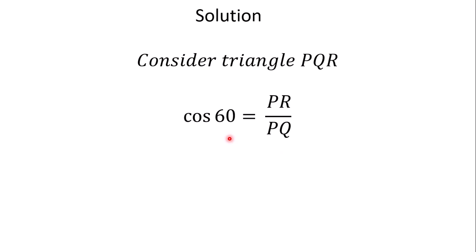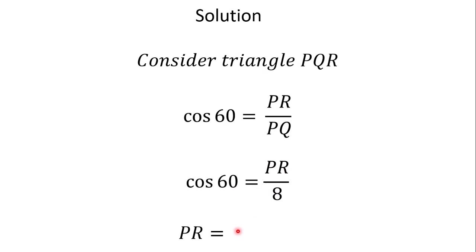All right. So cos 60 is equal to PR over PQ, and from the diagram we don't know PR, but we know the length of PQ, that is 8 centimeters. So cos 60 is equal to PR over 8 centimeters. So to find PR, we multiply 8 by cos 60 and equate it to PR.